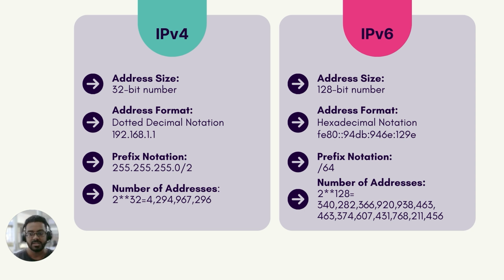Due to the growth of the internet, there has been concern that the pool of possible addresses would be exhausted in the near future. With this in mind, a new version of IP addresses was developed called IPv6, or Internet Protocol version 6, that would change the address size from 32-bit to 128-bit.